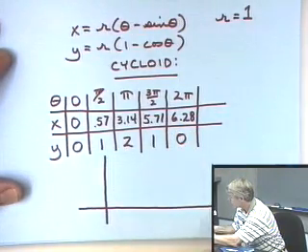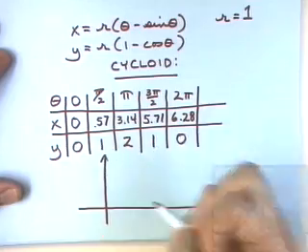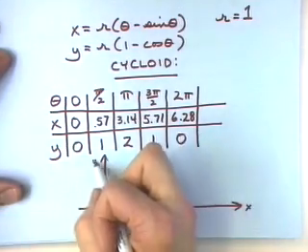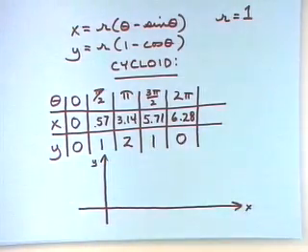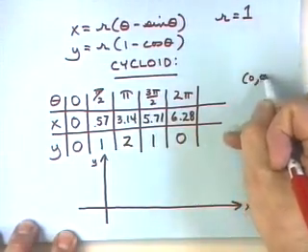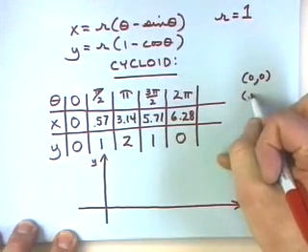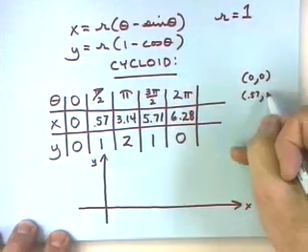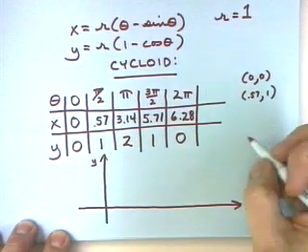in terms of the xy coordinate plane, we've developed it in terms of two parametric equations. So we've got 0, 0. We've got 0.57, which is pi divided by 2, 1.